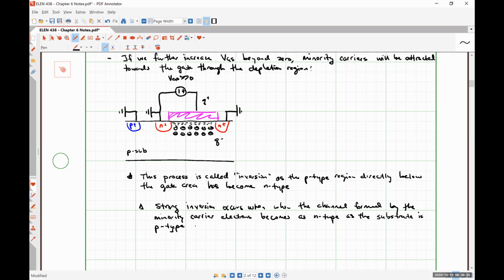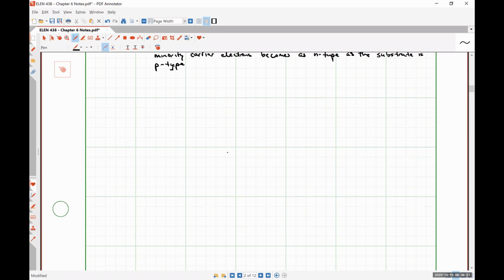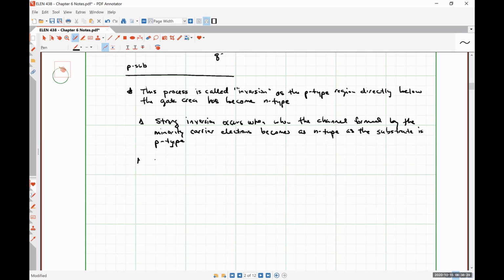The voltage at which strong inversion occurs is known as the threshold voltage.